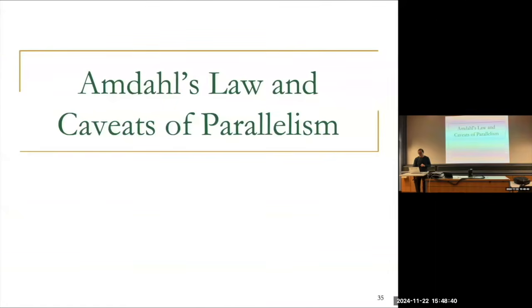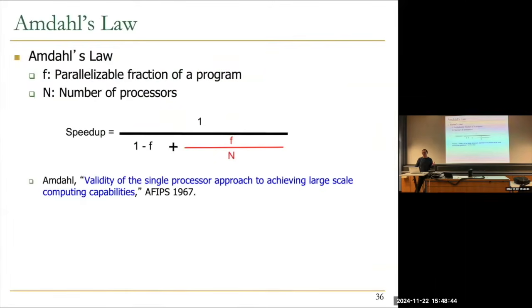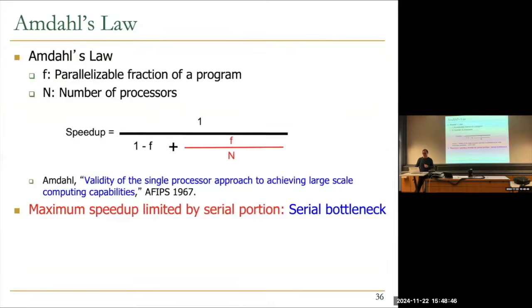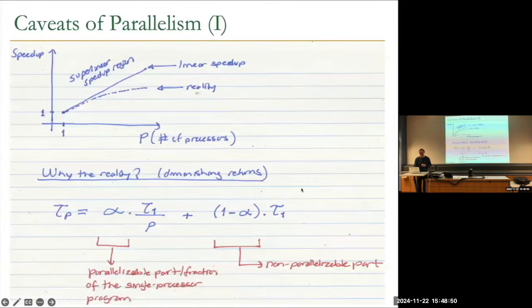Okay. We've covered some of these, so I'm going to go through some of these very quickly. We've seen Amdahl's law, right? And we've seen Amdahl's law is really about the serial bottleneck, but just to show you some pictures, again, with my handwriting, there's a parallelizable fraction, and there's a non-parallelizable part over here. You can derive Amdahl's law based on this.